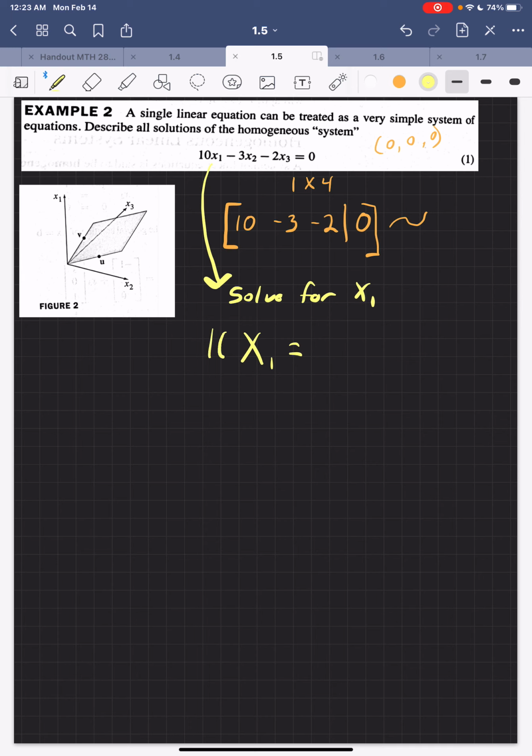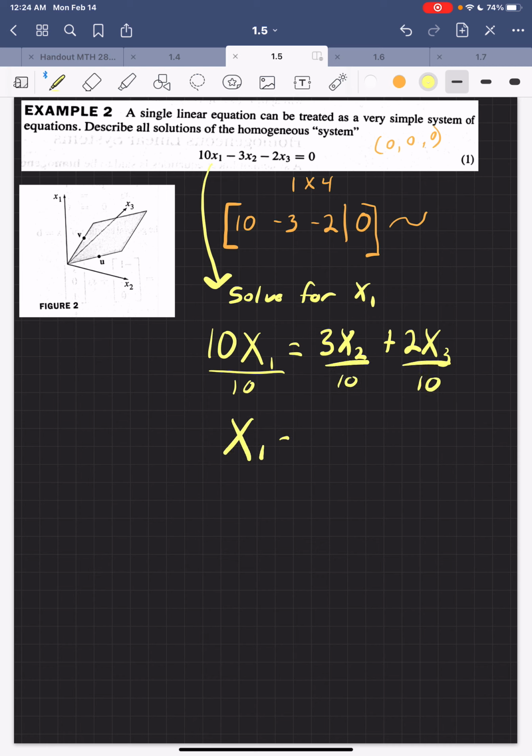I'll do it in 2 steps. So 10x sub 1 is equal to 3x sub 2 plus 2x sub 3. And then I'll divide by 10.